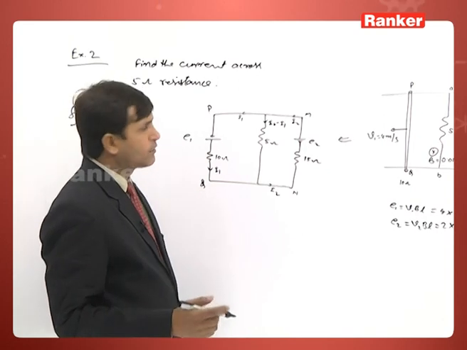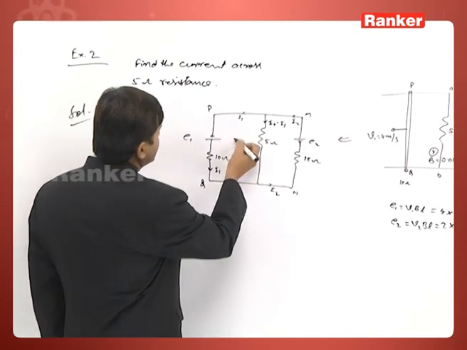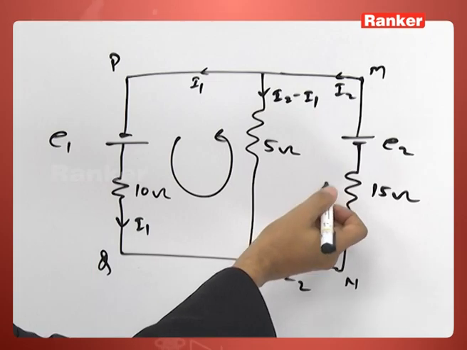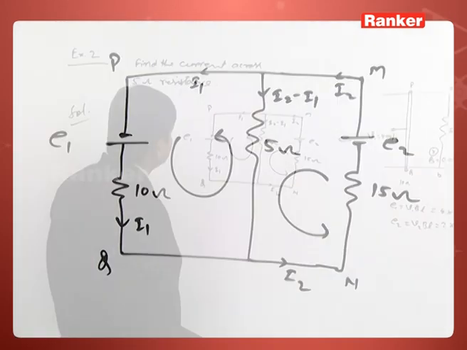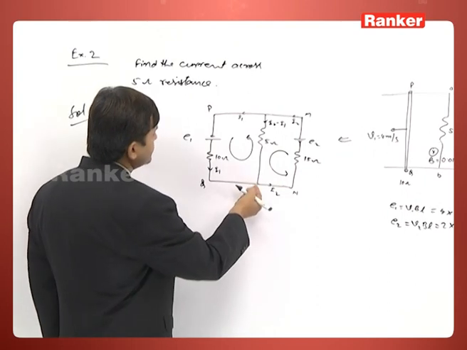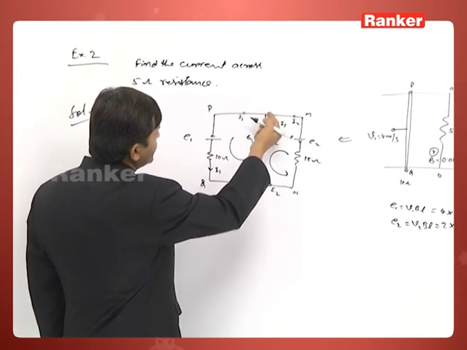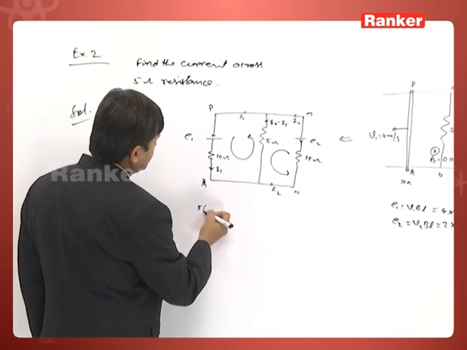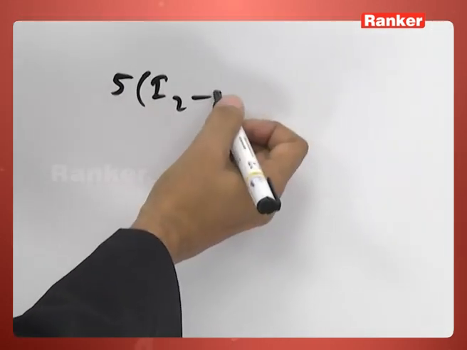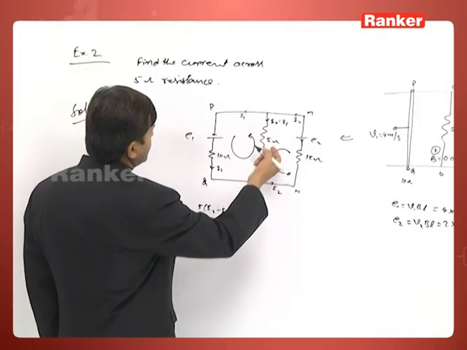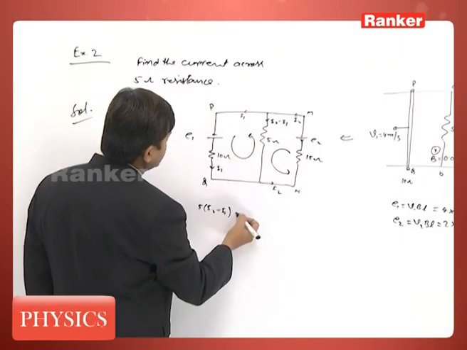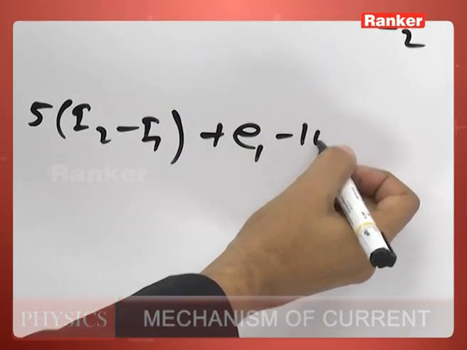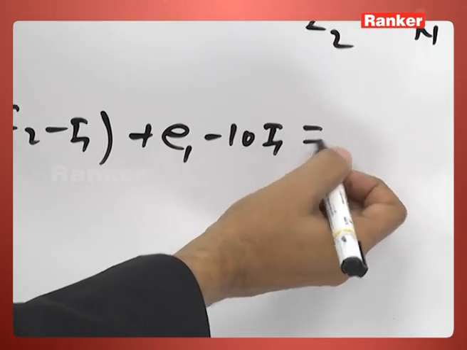Now apply Kirchhoff's law. We are starting from here and going in that side, with current in this direction. So positive plus 5 times (I2 minus I1), and then plus E1 and minus 10 I1, which is 0.